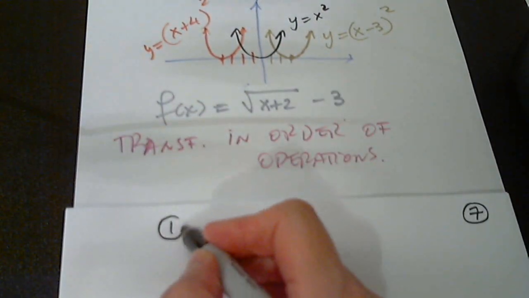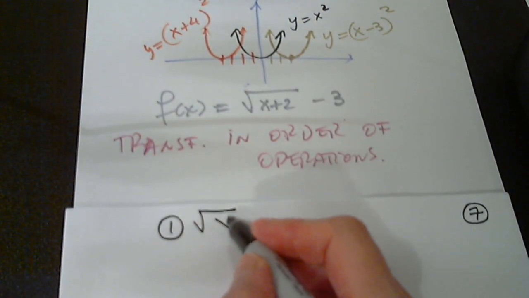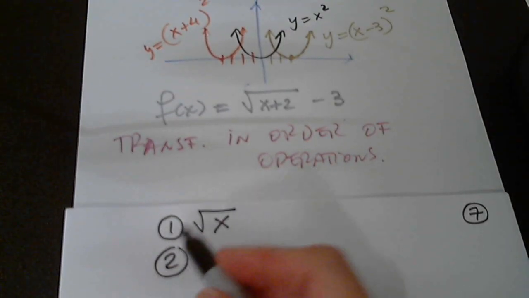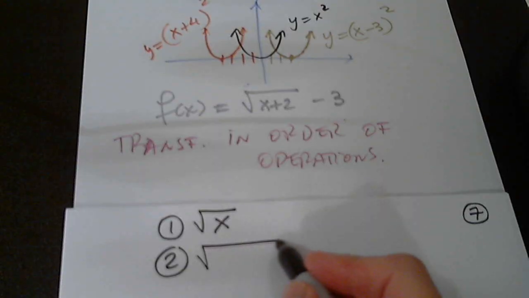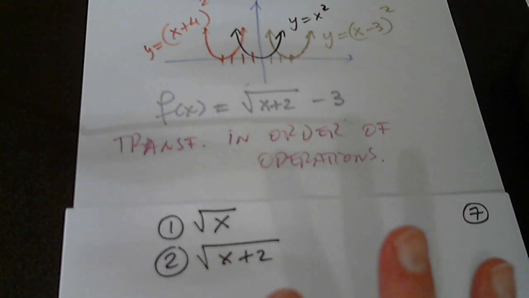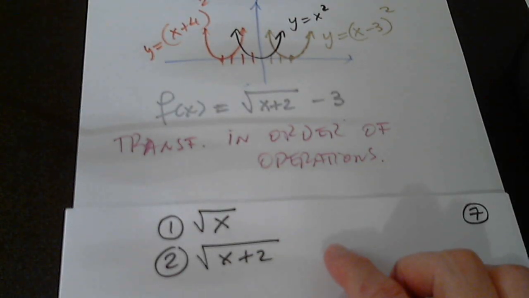Number 1, I list the base function or the basic function. Then I say number 2 is this, the square root of x plus 2. What transformation is this? Is it a vertical shift? Is it a horizontal shift? And which direction? Careful, we're not adding outside.